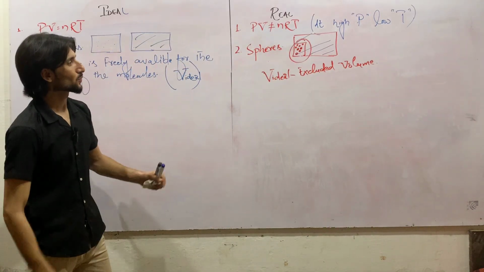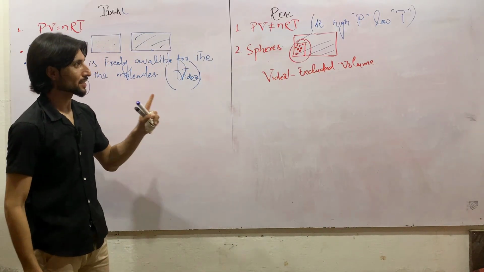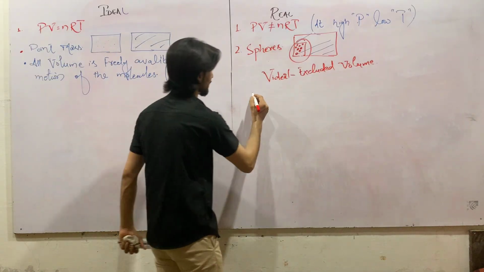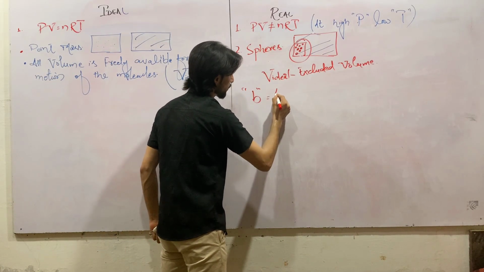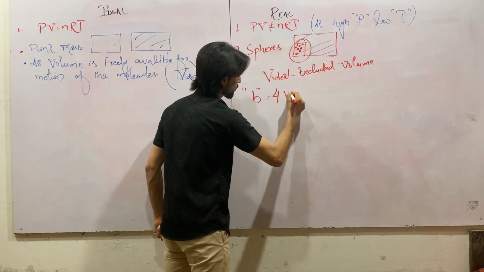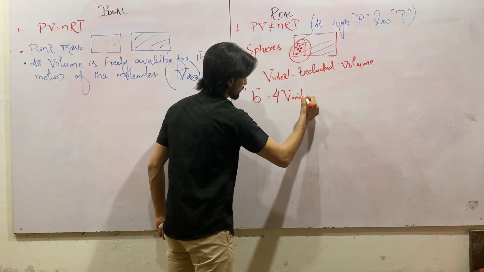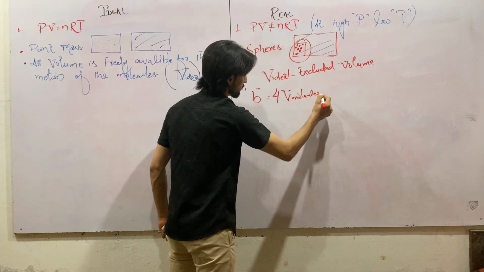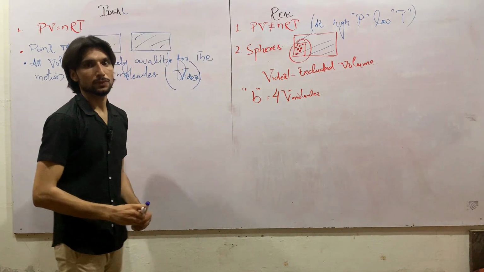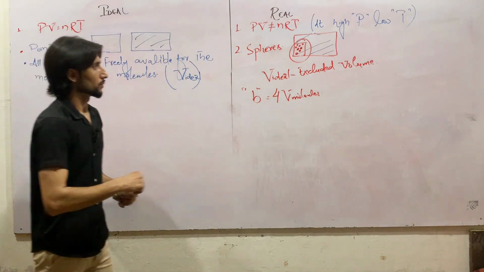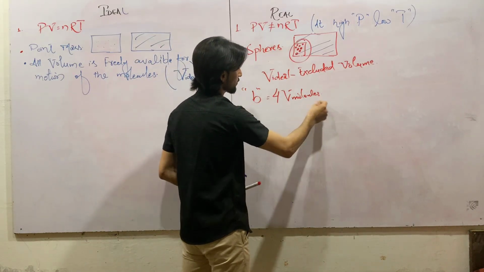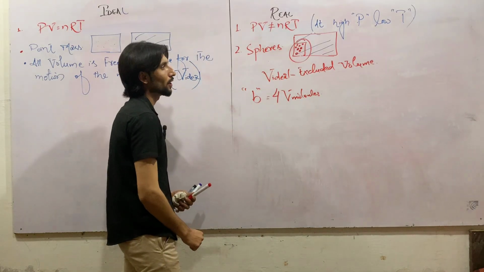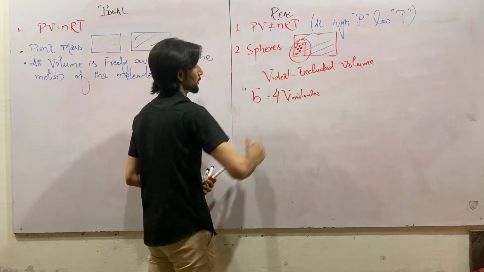And this was done by van der Waals, and he used the term b for the excluded volume. Okay, and he said that this b was equal to 4 times the volume of the molecules, these spheres.